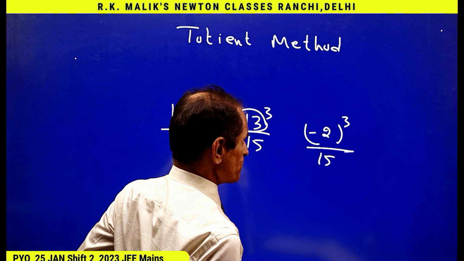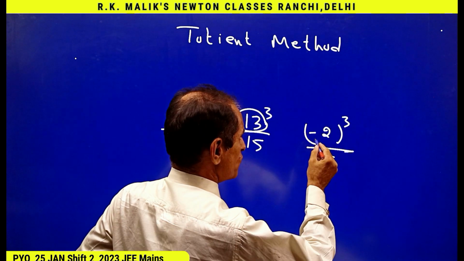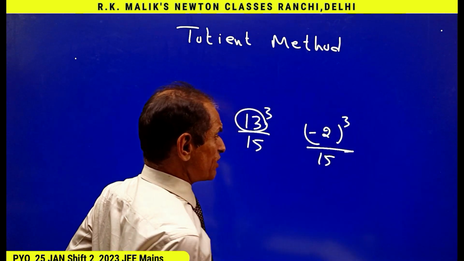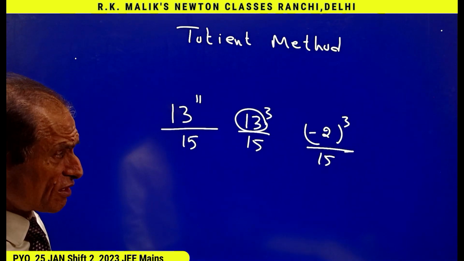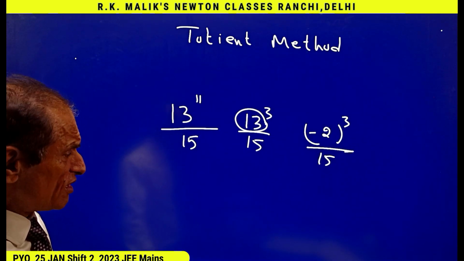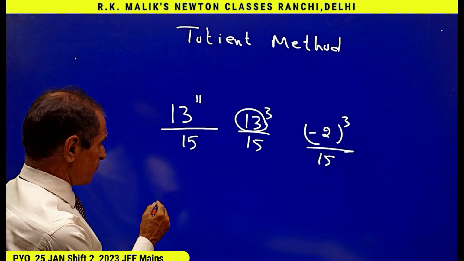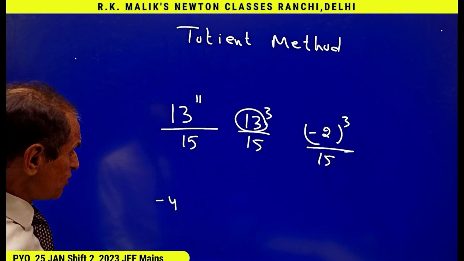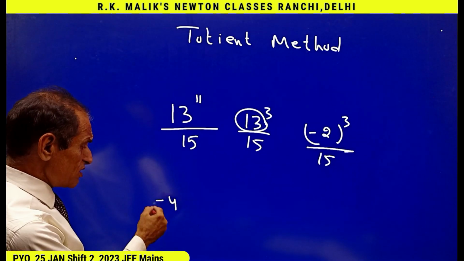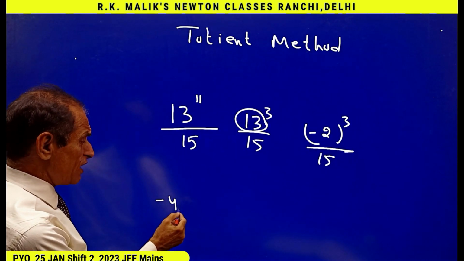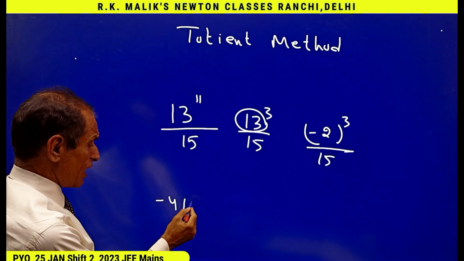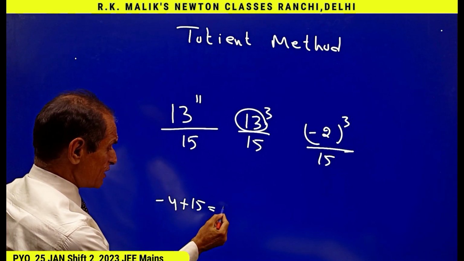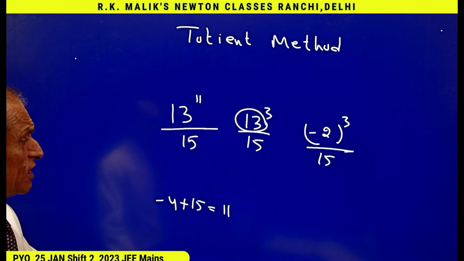That is, when this is divided by 15, what is the remainder? Take care, in the last, if you are getting the remainder as minus 4, the remainder is never negative. In this number, you are allowed to add any multiple of 15. If I add 15, you will be getting 11 and then you will say the remainder is 11.